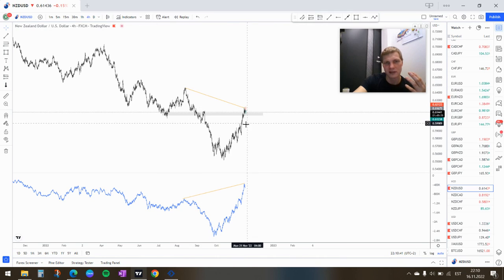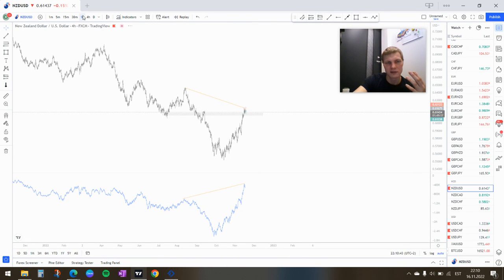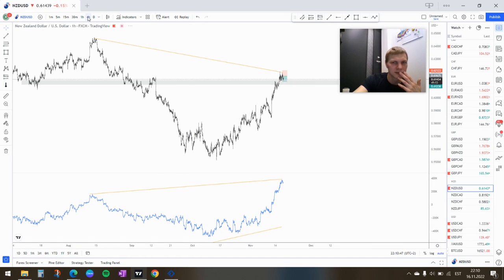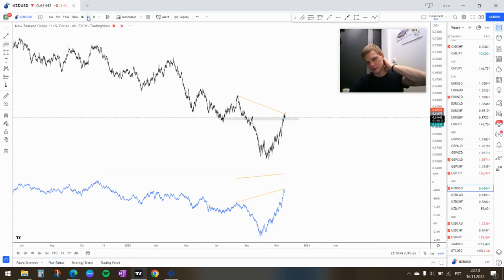This is a hidden divergence. This is also a hidden divergence. So that's a pretty big divergence, and that was the reason I took it: that huge of a divergence plus an M on H1 plus a break and retest on the daily. I mean, there's got to be something happening there.